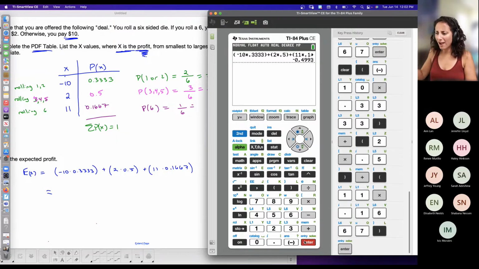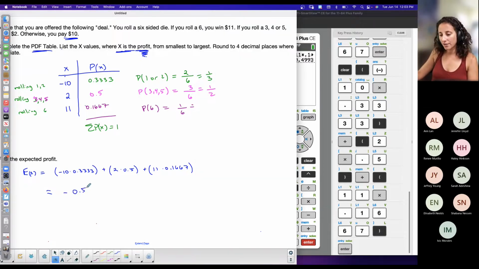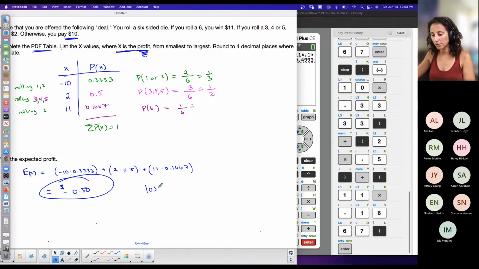Yeah. On average, I'm expecting to lose. Round to the nearest cent. If I'm rounding to the nearest cent, it's like saying 0.4993 dollars, which doesn't make sense as cents. If I round that to the nearest cent, it's about 50 cents. I'm losing, it's negative. So on average, I'm losing 50 cents if I keep playing this game.